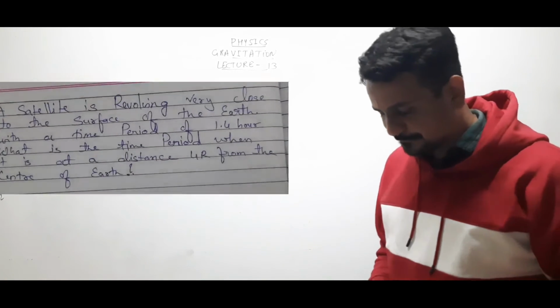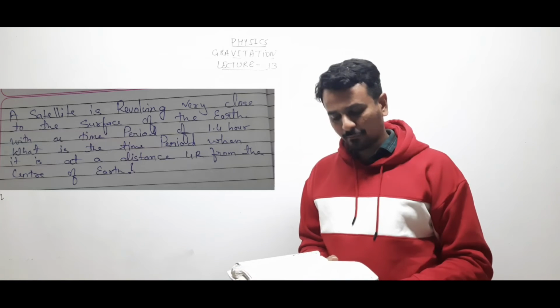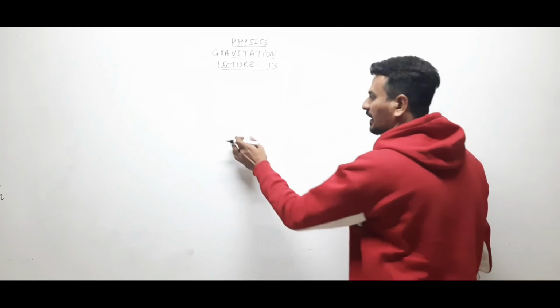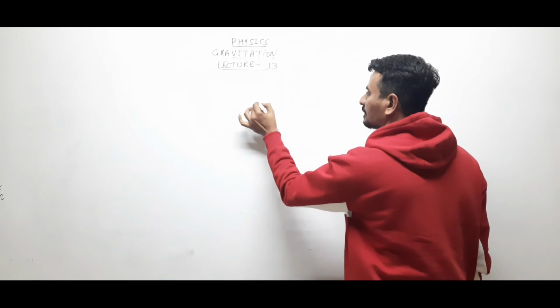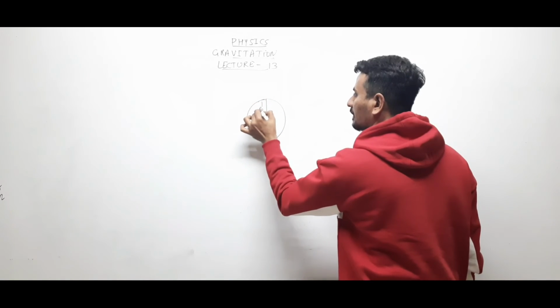The next one: near the Earth's surface, the time period of a satellite is 1.4 hours. Near the Earth's surface means you can take the distance as RE. This is the surface, this is Earth, this is the radius of Earth.